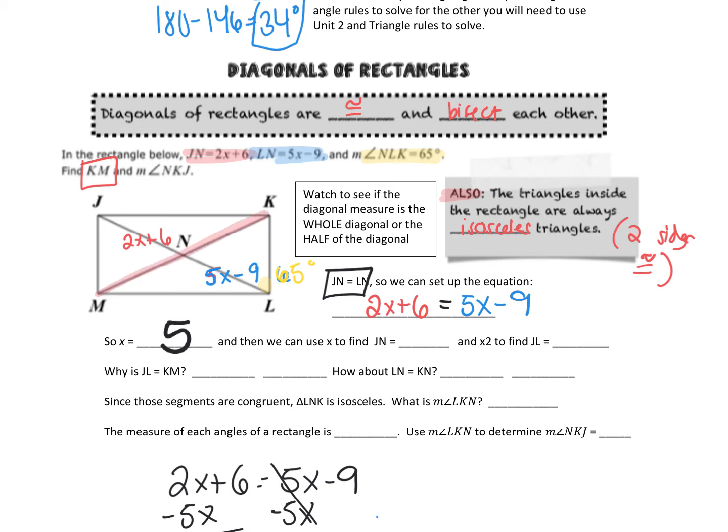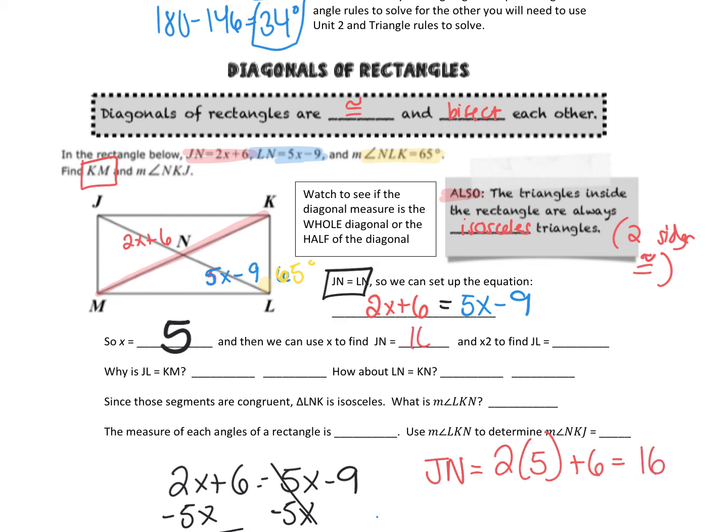So they want the length of the entire diagonal. So first we're going to plug x back into JN. And if I do that, then I have JN is equal to 2 times 5 plus 6. 2 times 5 is 10, and 10 plus 6 is 16.